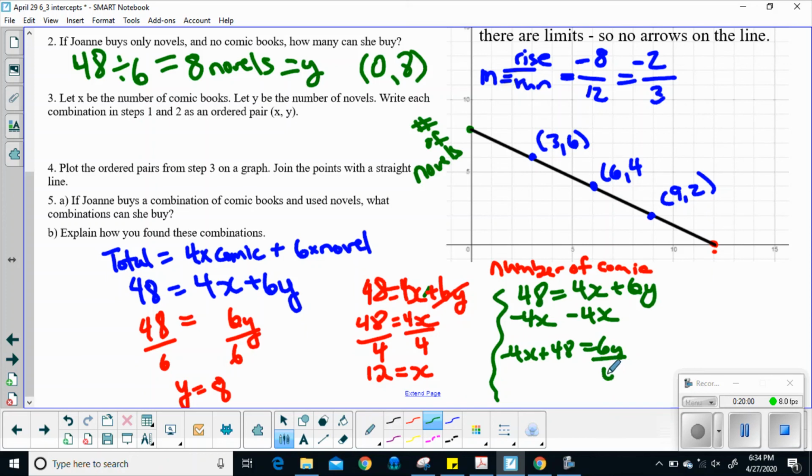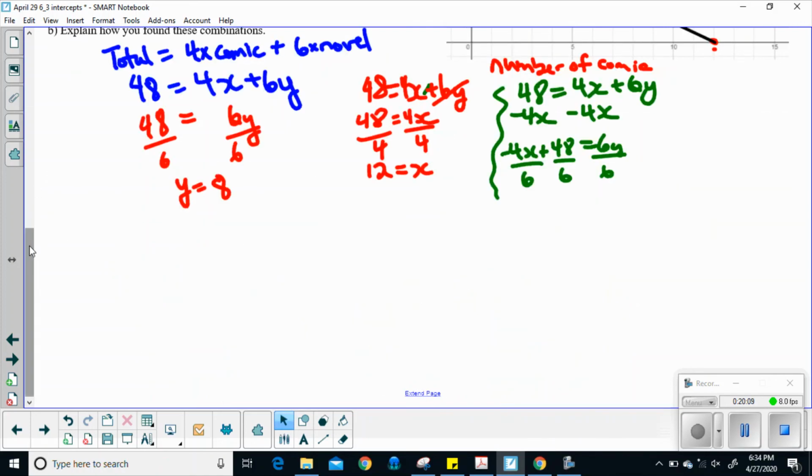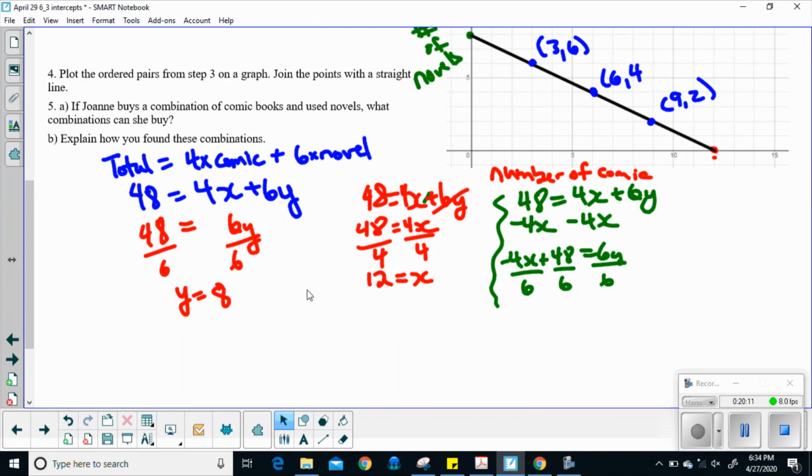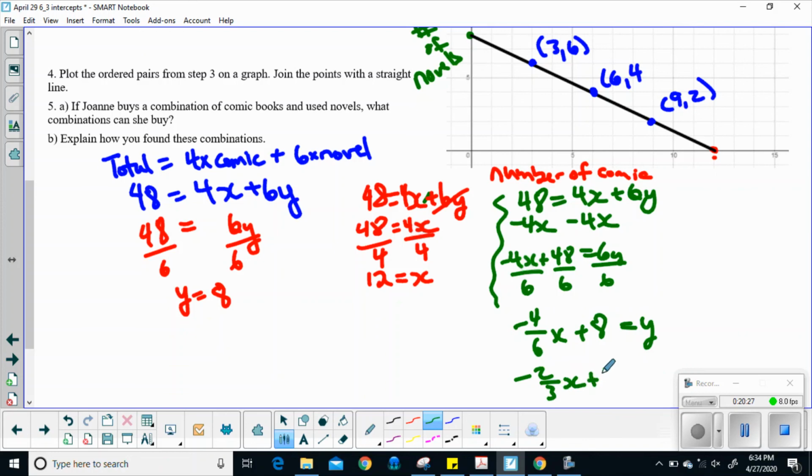Divide everything by 6. And by doing that, when we get our slope y-intercept form, that'll help me figure out where other points are on the line instead of having to have graphed it. So that would give me negative 4 over 6 x plus 48 divided by 6, remember, is 8, equals y. Reduce that: negative 2/3 x plus 8 equals y.